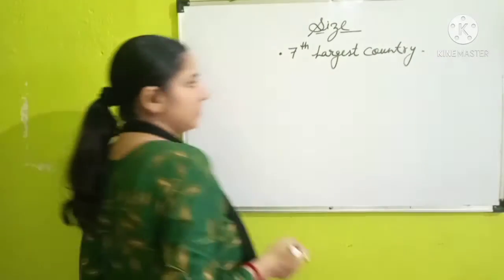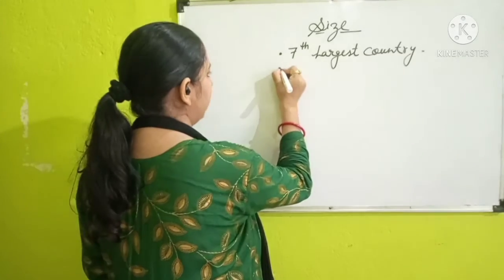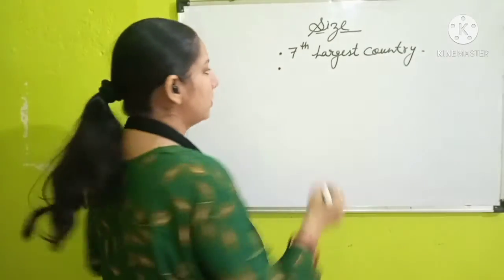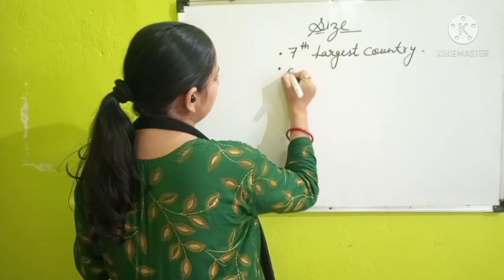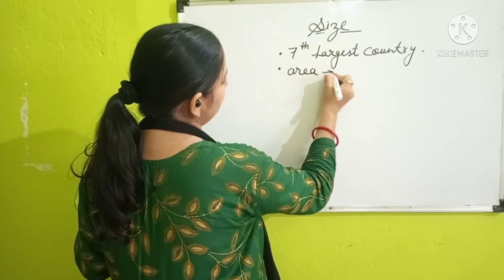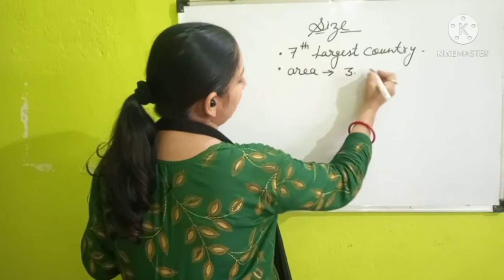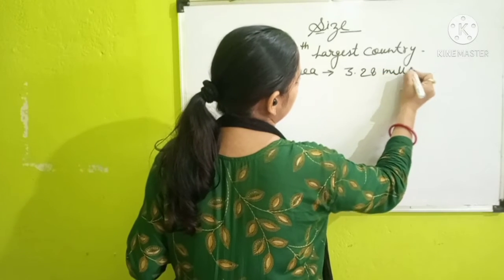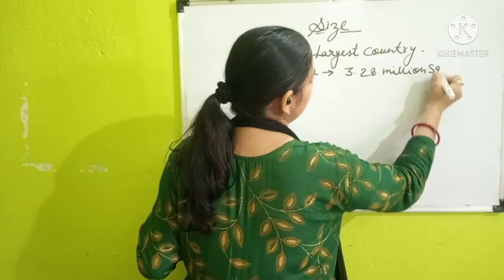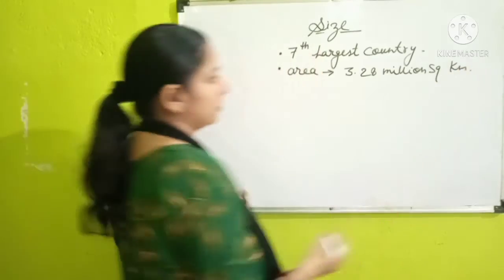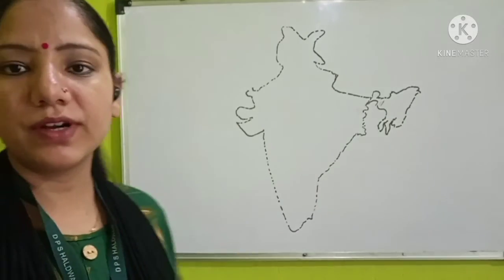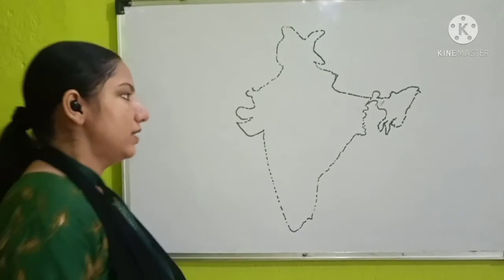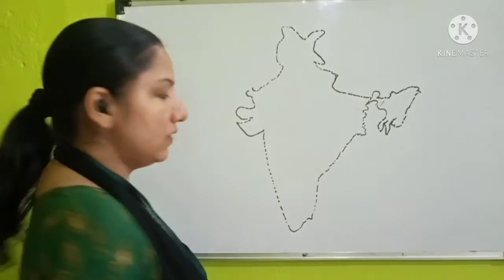It is the 7th largest country, and we can say the total landmass area of our country is around 3.28 million square kilometers.